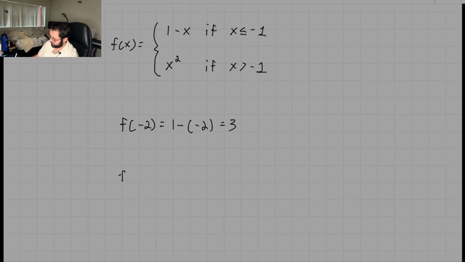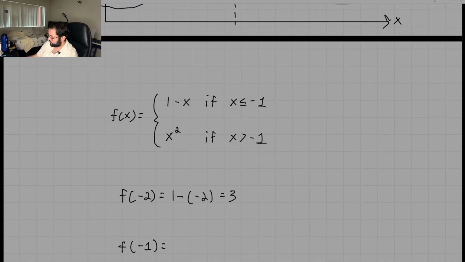Again, looking at a different value of x, let's say we look at -1. Well, here, just like I mentioned before, this domain does not include -1. This domain only includes x values that are greater than -1. So this is not the function that we use.